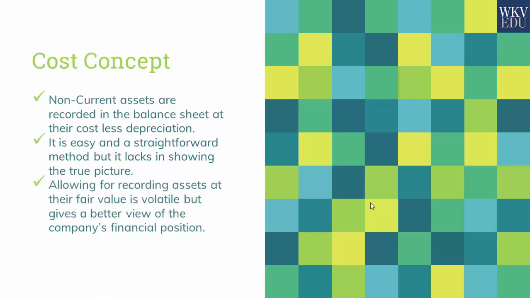Allowing for recording assets at their fair value is volatile, but it gives a better view of the company's financial position. So the contrary view is that instead of recording the fixed assets at cost, we can record them at the fair value or the market value that is prevailing today. But then it will make the balance sheet or financial statements very volatile. At the same time, there is no single method of evaluating the market value of a particular asset every single time.